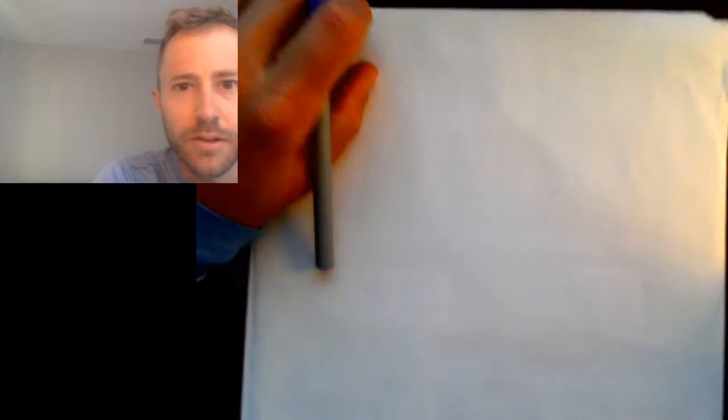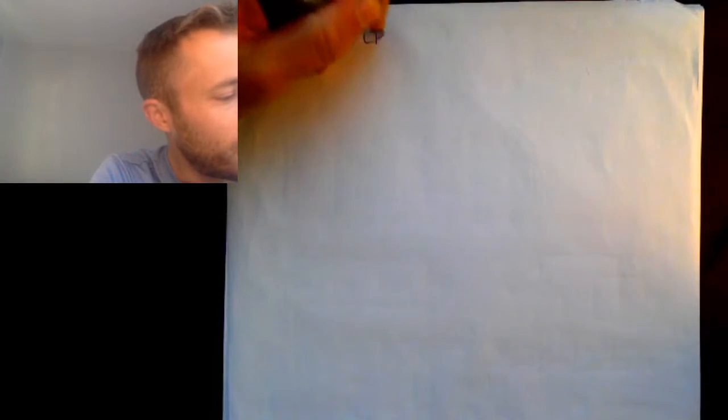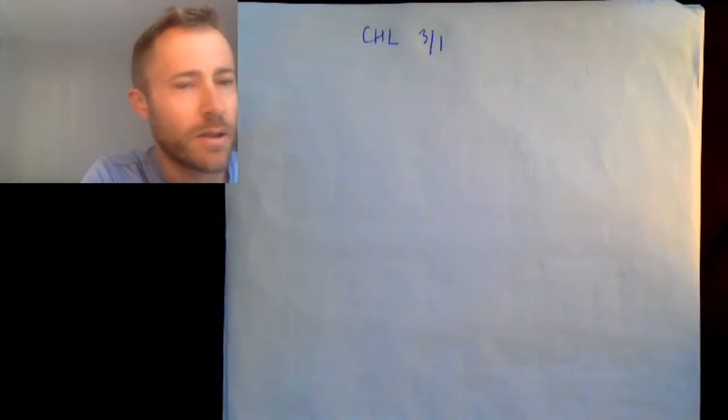All right. So, this is, oops, did I change the camera yet? Okay. So this is AP Physics C, March 1st, period 5.